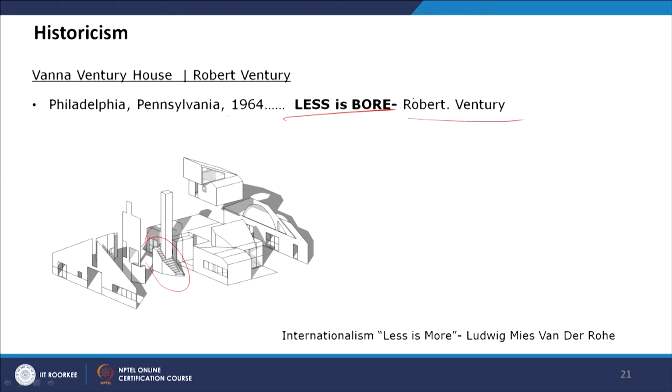And we remember that in the internationalist movement, Ludwig Mies van der Rohe said less is more, and he designed in a minimalist way, buildings like the Farnsworth House and the Seagram Building with Philip Johnson, and also the Barcelona chair and the Barcelona pavilion, with a minimalist approach.